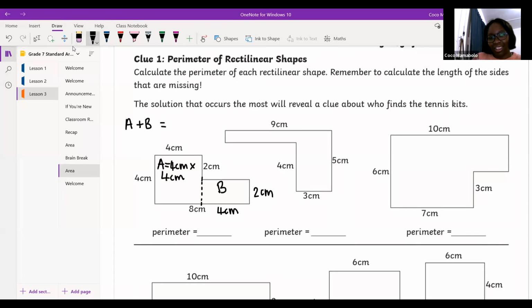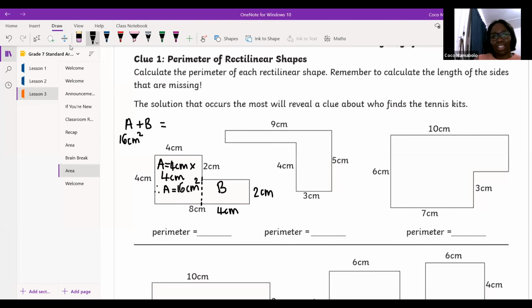Excellent. Therefore, A is equal to 16 centimeters squared. Don't forget the squared.